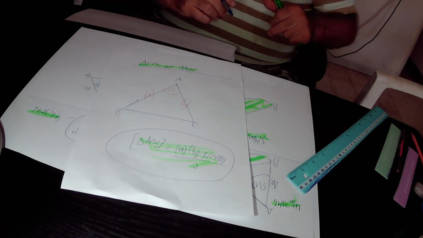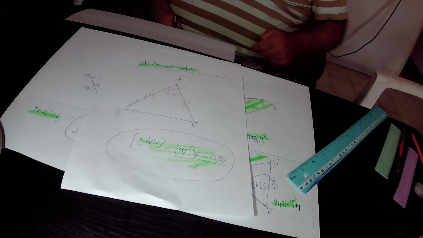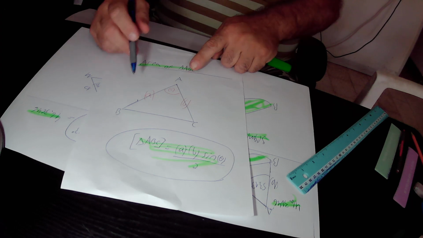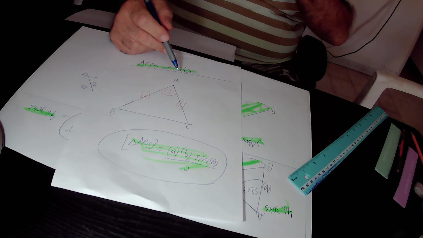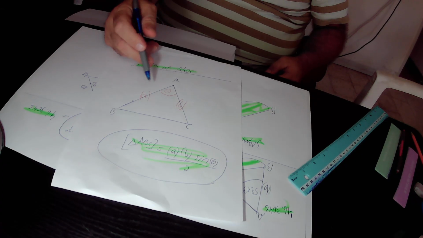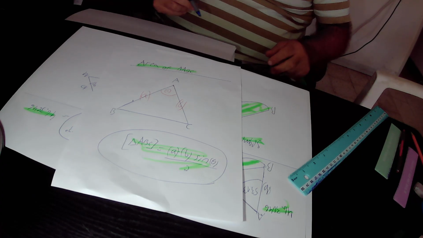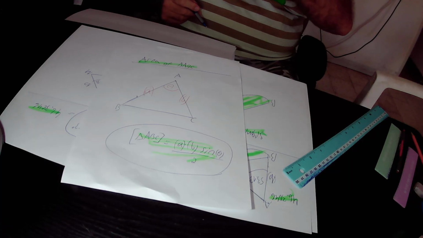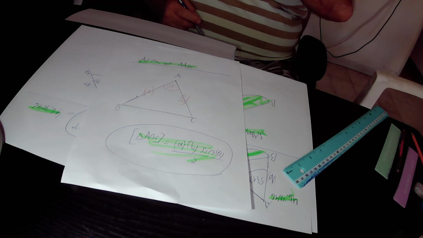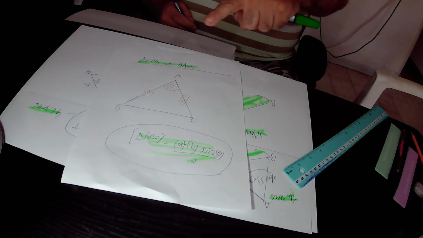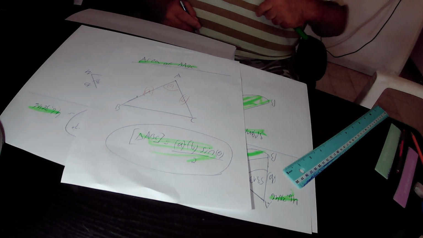This is triangle ABC, a given triangle. In this triangle ABC, side AB equals a units in length, side AC equals b units in length, and the angle between side AB and side AC is theta. According to this formula, the area of any triangle equals a times b times sine theta over 2.